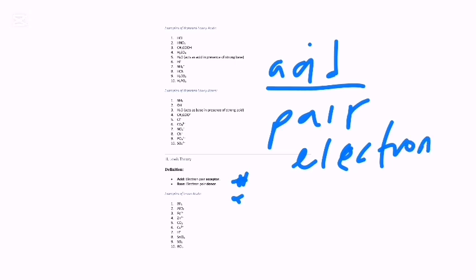So an acid accepts pairs of electrons, while the base donates the pair of electrons. That is a base. According to Lewis's definition, a base is an electron donor.